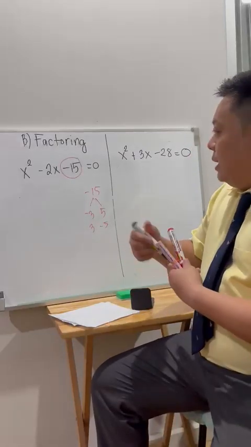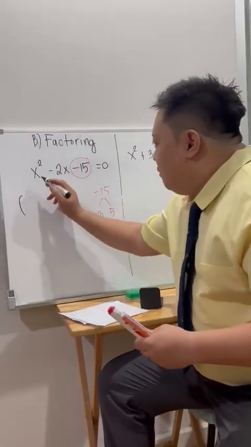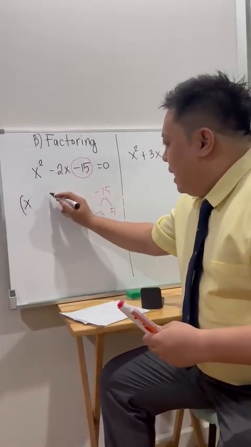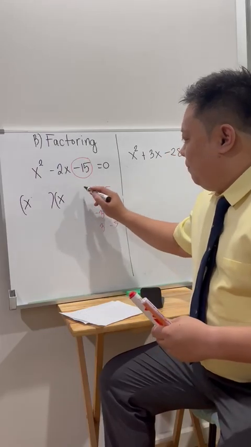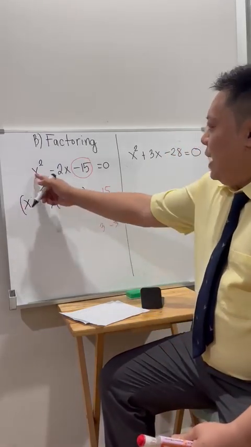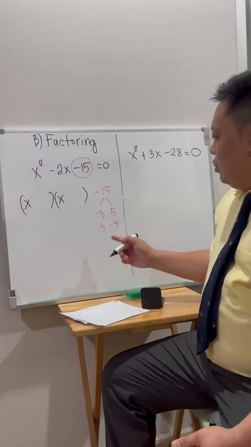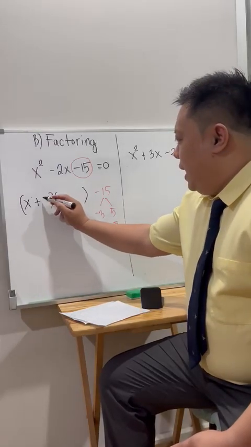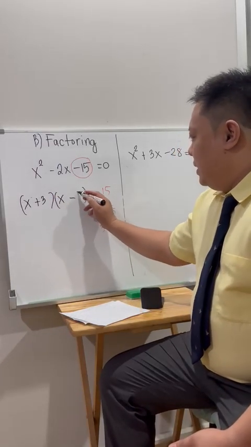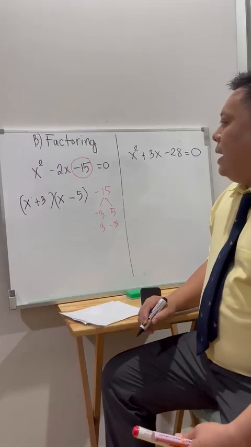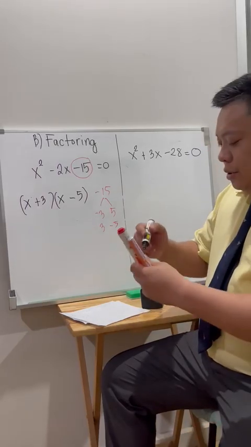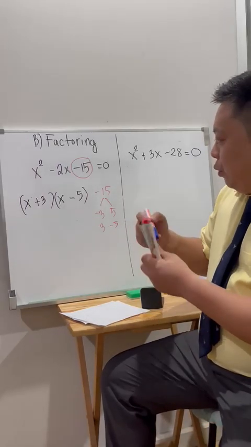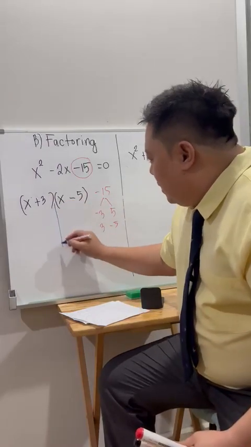So let's factor it out. The factors of x squared, we have x and x. X times x is x squared. So we have the two factors, positive 3 and negative 5. Equate both to 0.